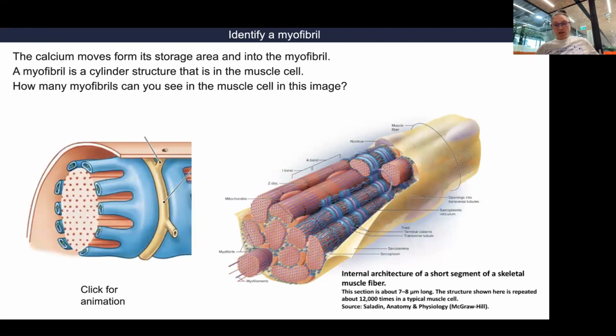So when the action potential comes down, calcium moves from the storage area. See here? Here is the plasma membrane of the muscle cell. Here is the T-tubule, which is the cave system made out of plasma membrane.